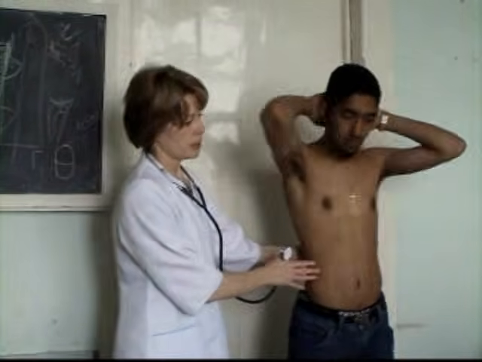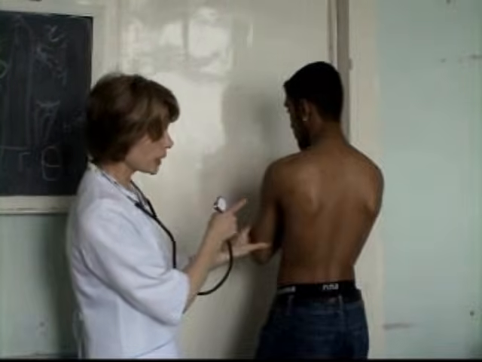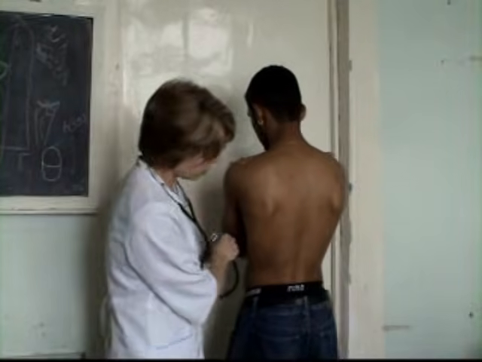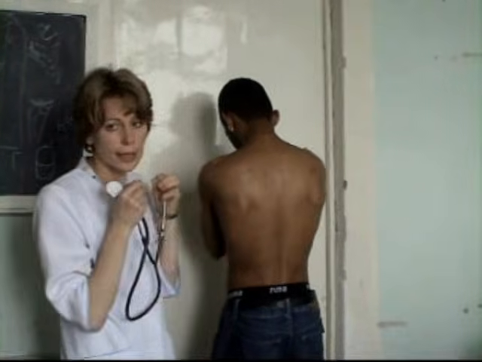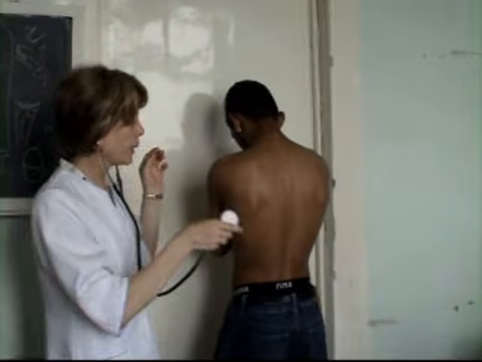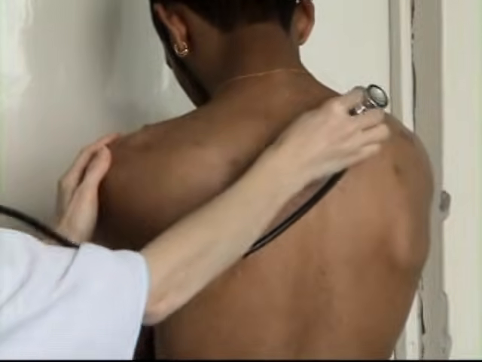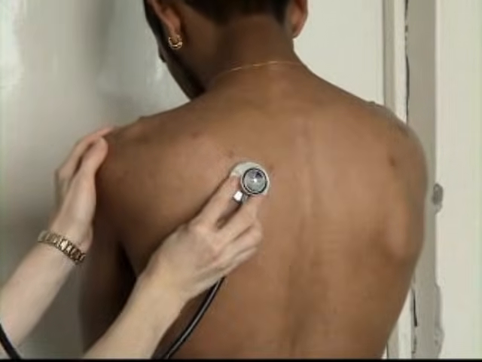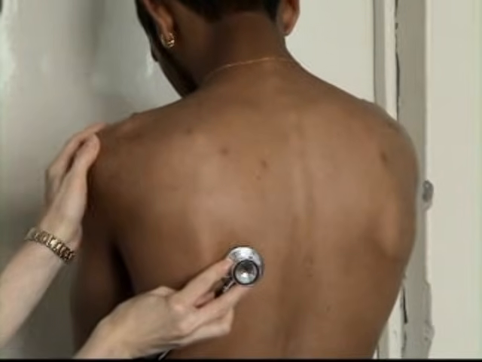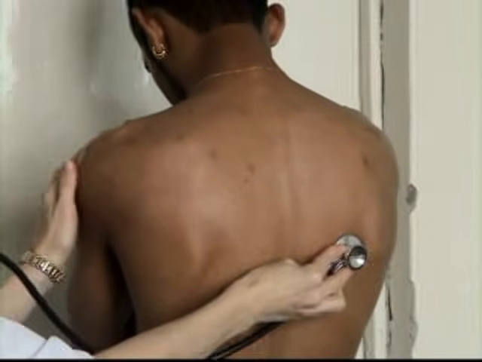At the back, during auscultation, the patient again crosses his arms, and we put the stethoscope near the scapula, firstly above, then around the scapula, near the angle of the scapula.